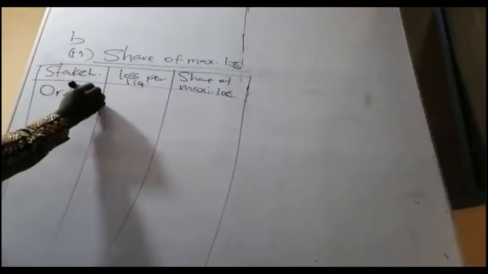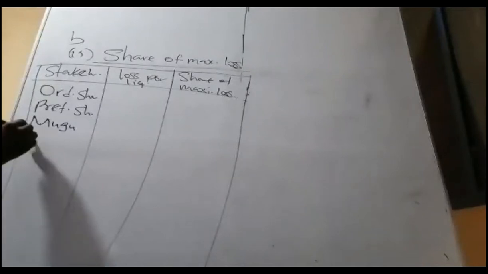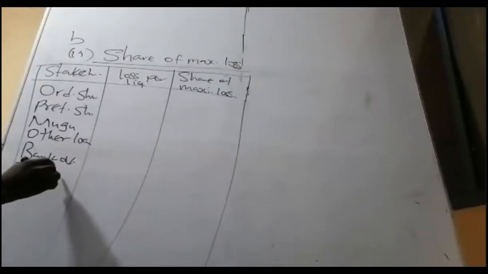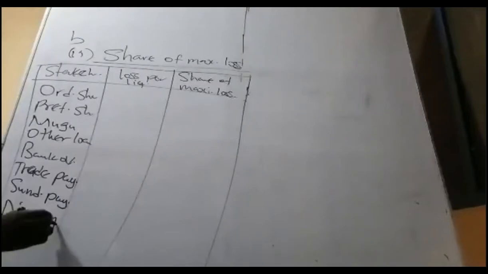So ordinary shareholders, preference shareholders, then Mugu Bank, the other loan, bank overdrafts, trade creditors, that's a trade payable, sundry payable, then the dividend in arrears, just 1 year. That's a smart game.